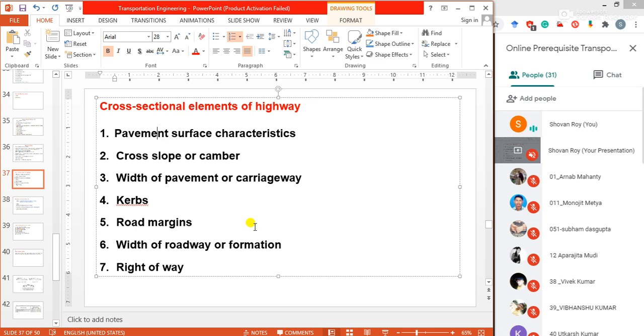Like pavement surface characteristics, one of the parts under cross sectional elements of highway.